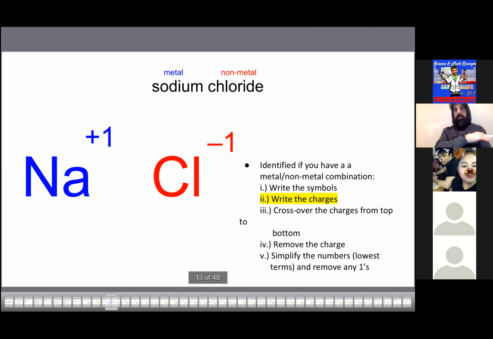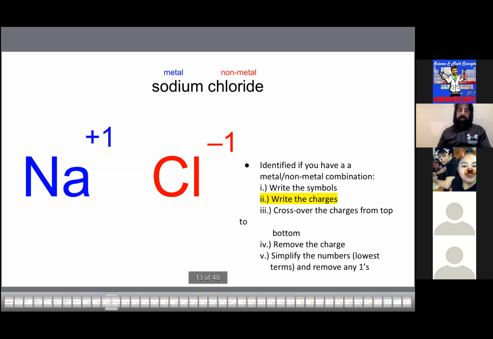It's this simple for all the binary ionic compounds. And when we get into the polyatomics and including the acids, following these steps is exactly what you'll be doing to get to the final answer.